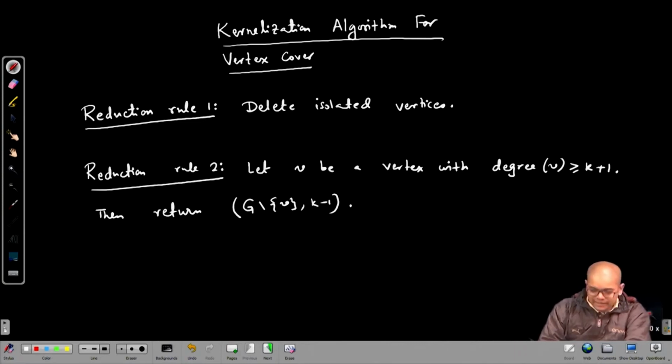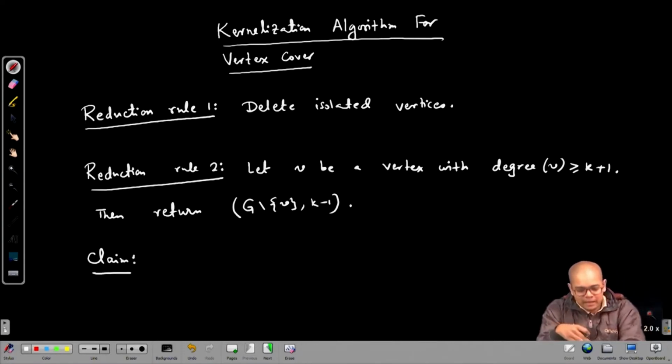Now we claim that the number of vertices and number of edges must be small. So we keep applying reduction rules 1 and 2 repeatedly. Maybe at the beginning there is no isolated vertex, but after applying reduction rule 2, some isolated vertex is created.